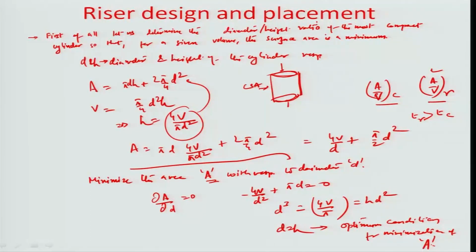So, with that we calculated the minimum volume necessary for the riser, which is actually 6.5 times the volume of the cast, but 3 times of that, just because 3 is a factor of safety as I had discussed earlier.